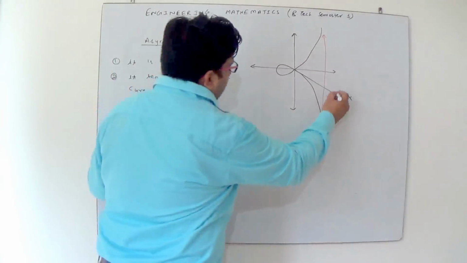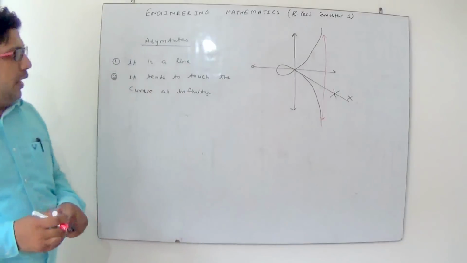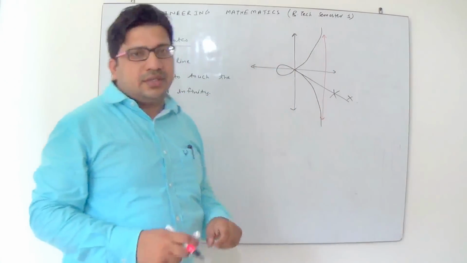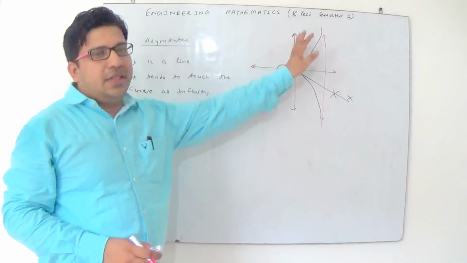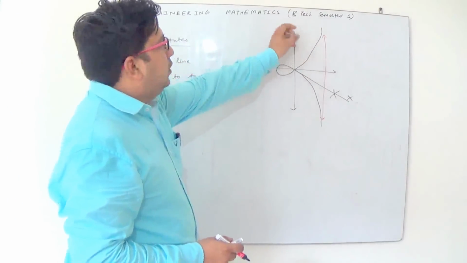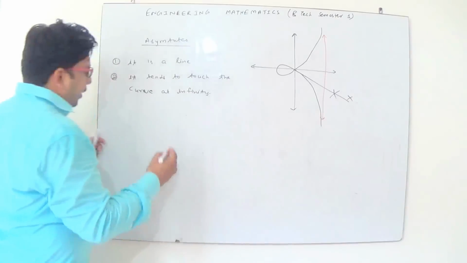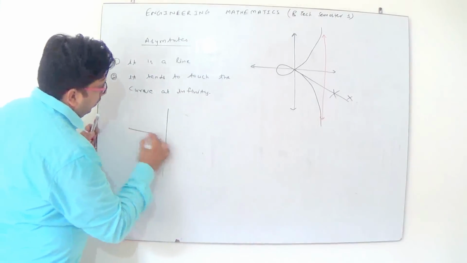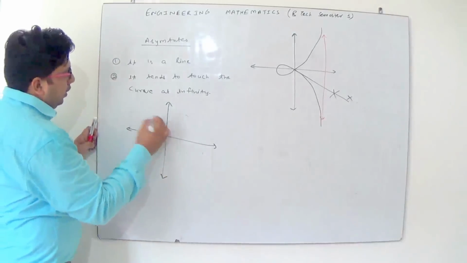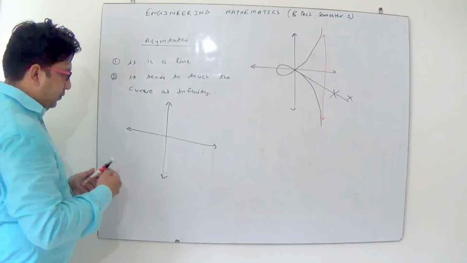So this can't be possible, as both are approaching towards each other and they tend to touch each other, but they are not touching each other. Okay, so they will touch the curve at infinity. Similarly, let's suppose I have an asymptote parallel to x-axis.